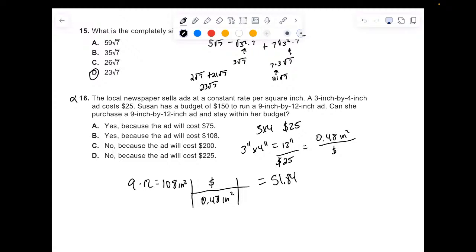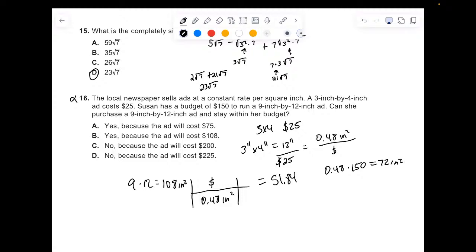Okay. I'm a little confused. The reason I'm confused is because if I do 0.48 times the budget of 150, I get 72, and that is inches squared.